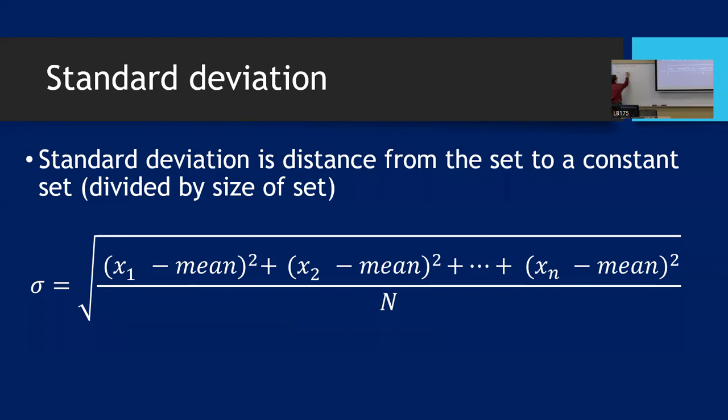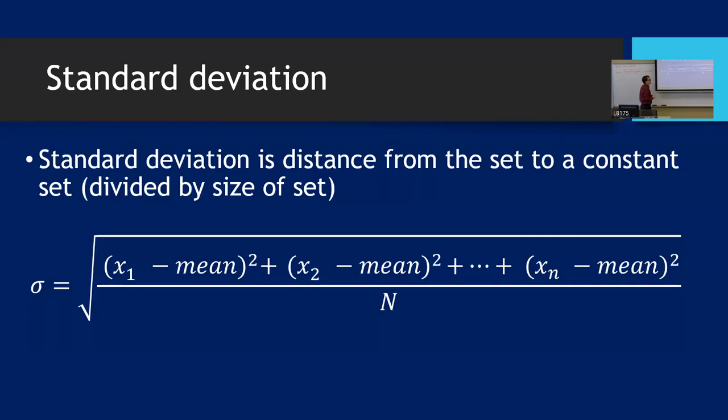It takes every data point, every number in your set, and it subtracts the average and squares it. And then it adds up all of those. And then it divides by n.